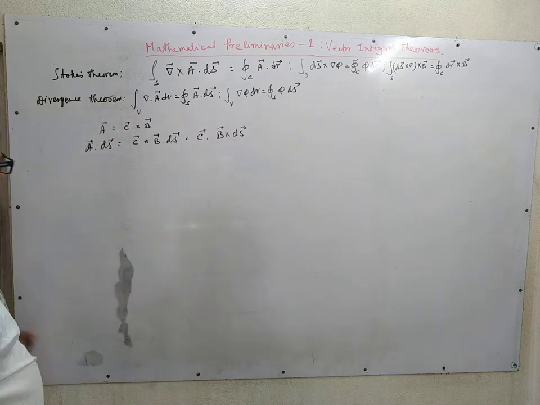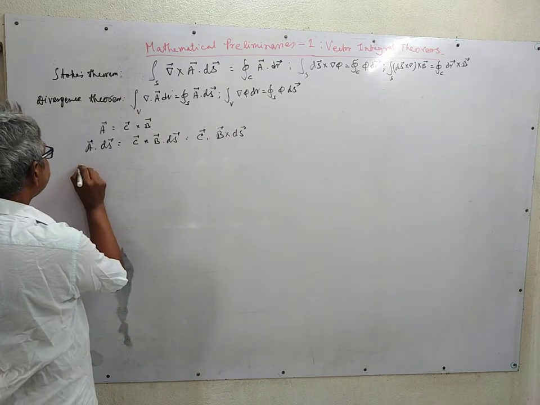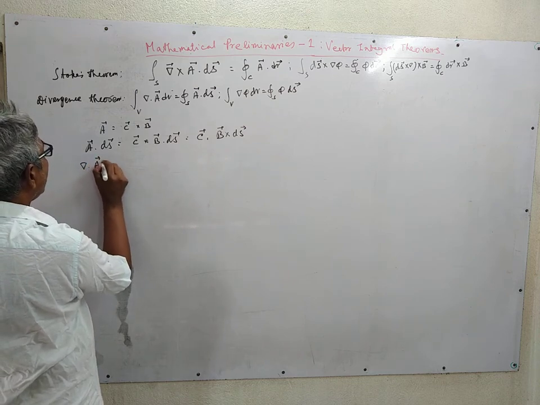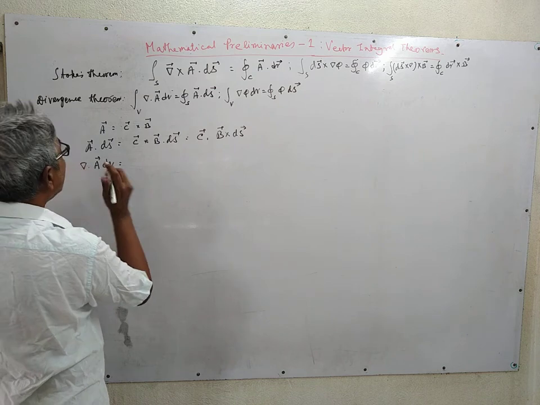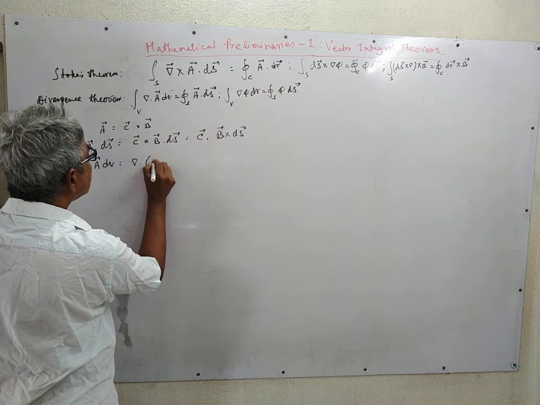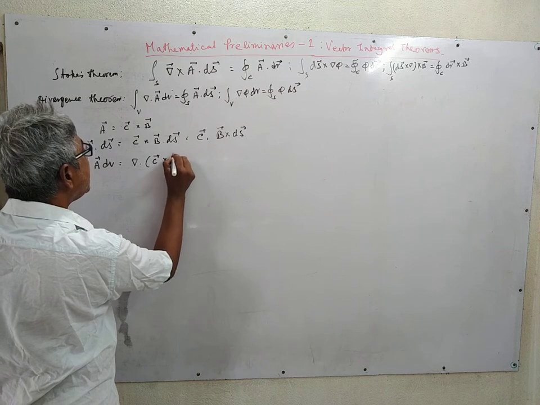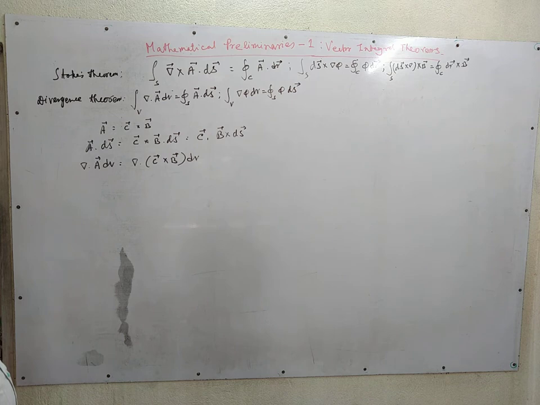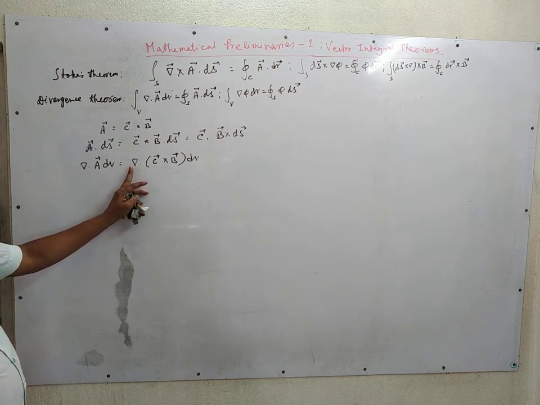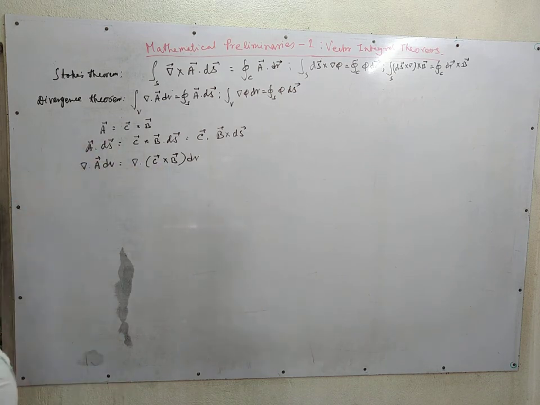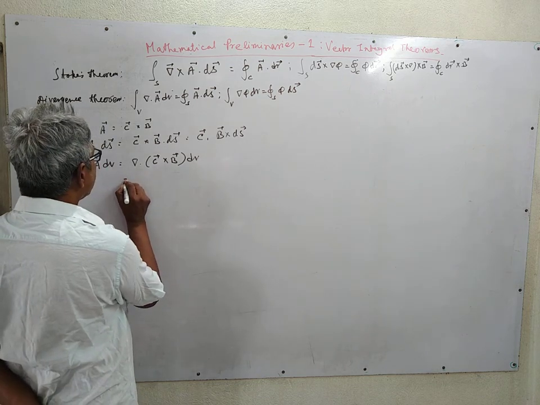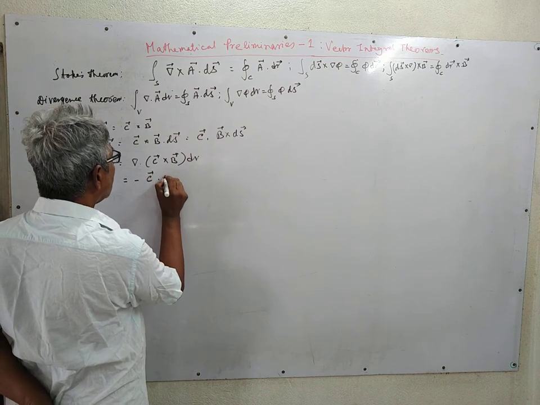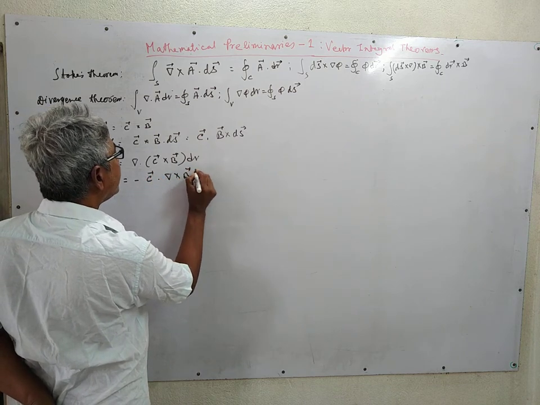This is one part, and the other part is divergence of A dv. This is divergence of C cross B dv. Here divergence operates only on B, not on C. Now remembering this, we can write it as minus C dot curl of B dv.